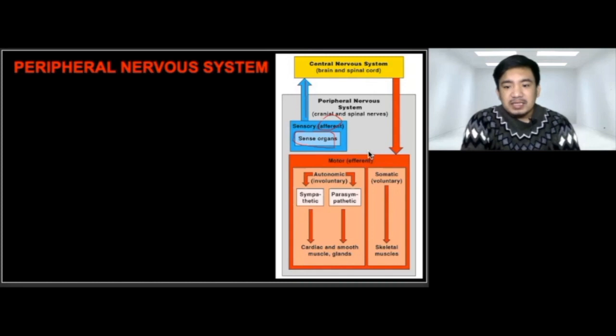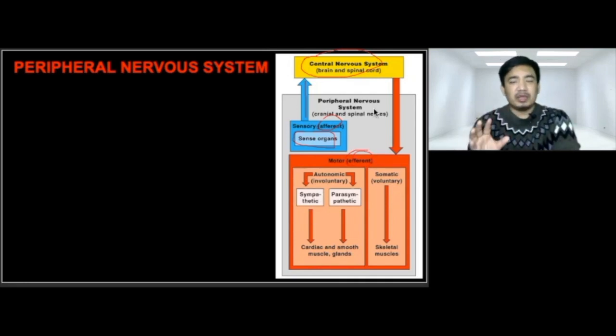Alright? And this efferent division transmits impulses coming from the central nervous system to our muscles. Alright? To our muscles. Now, given that information, it is clear that the function of the peripheral nervous system is to connect the central nervous system with our limbs.